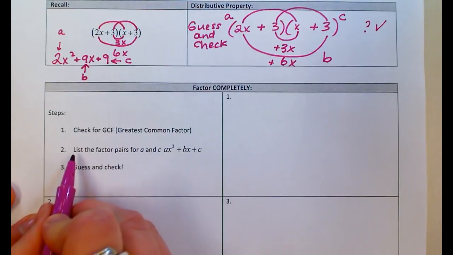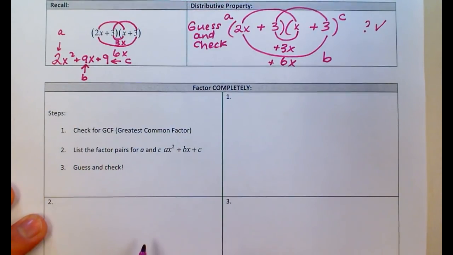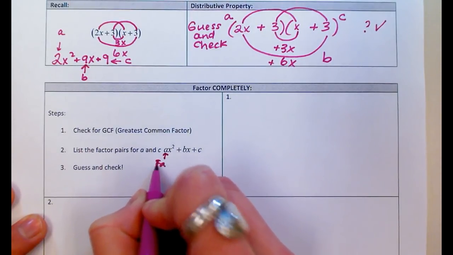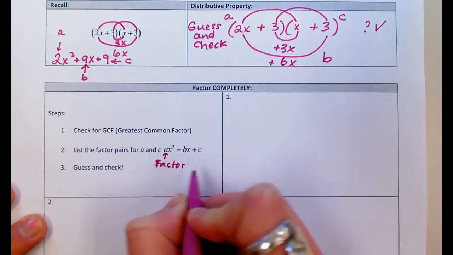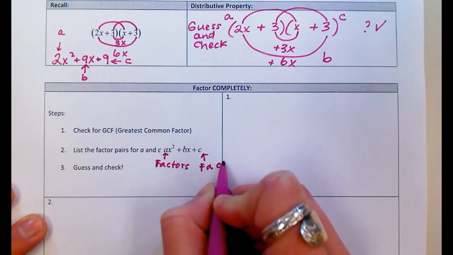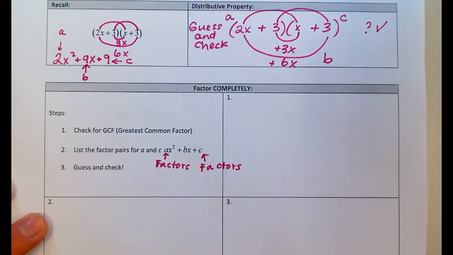So what we're going to do is list the factor pairs for our a term and our c term. So we're going to list the factors for a, and we're going to list the factors for c. And then we will continue to guess and check until we find the right combination.